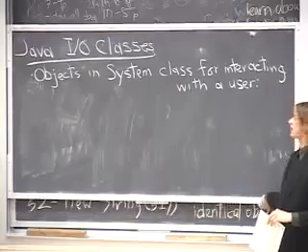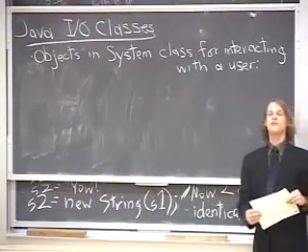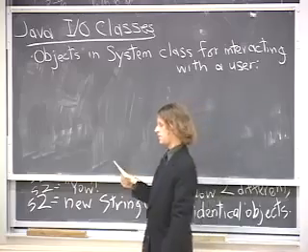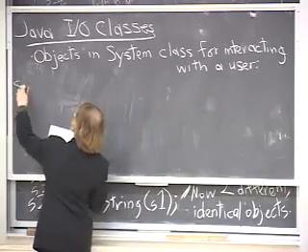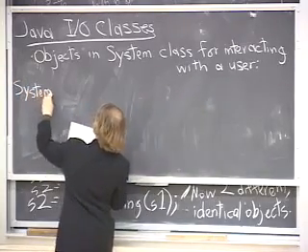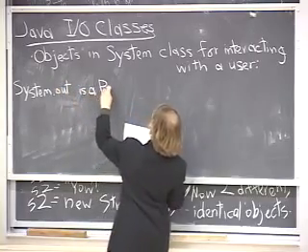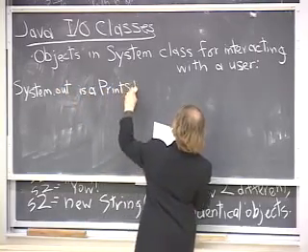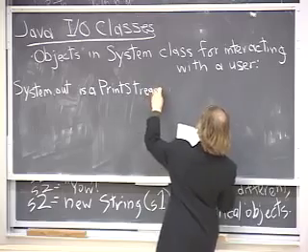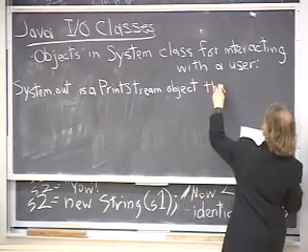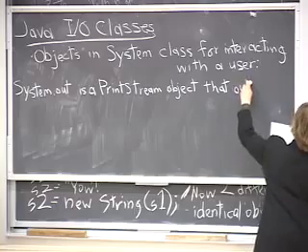And these objects are automatically created for you at the very start of your program, and you can just use them. So one of these objects is called System.out, and it is an object of the class PrintStream. And it outputs stuff to the screen.